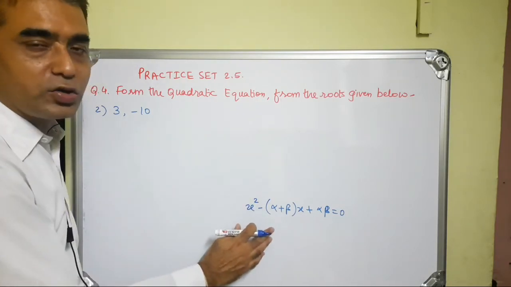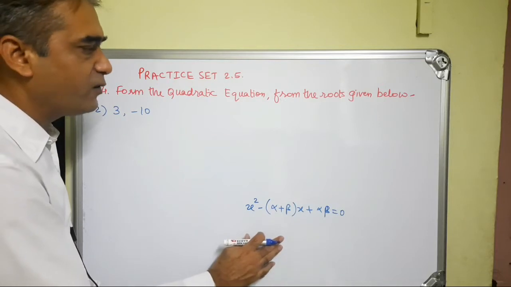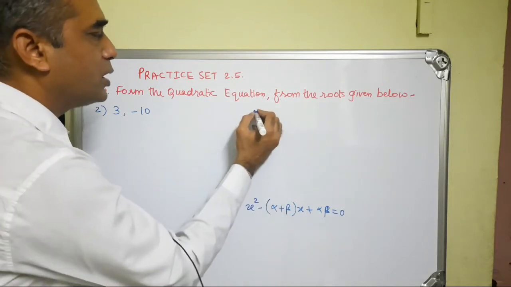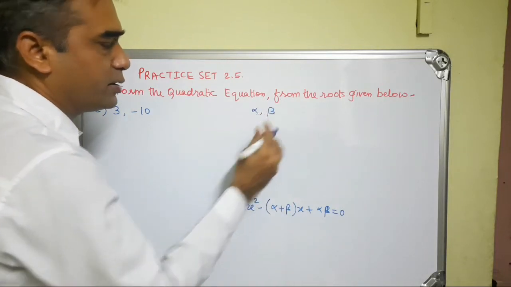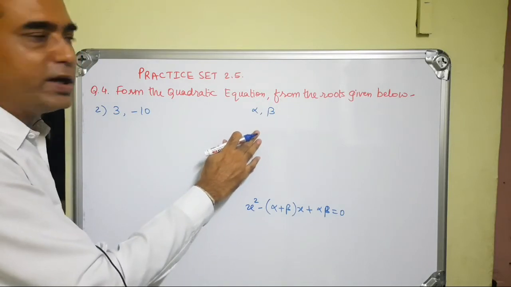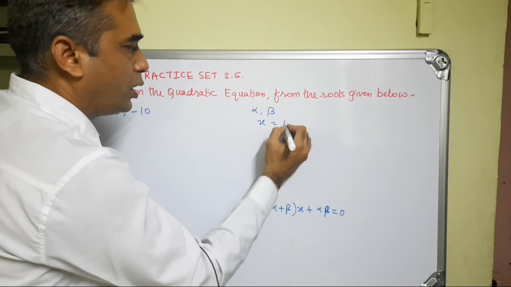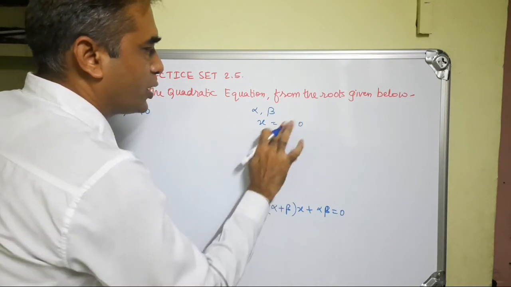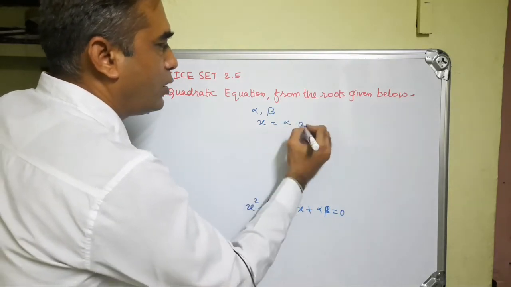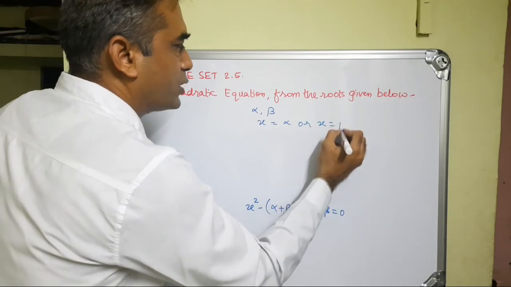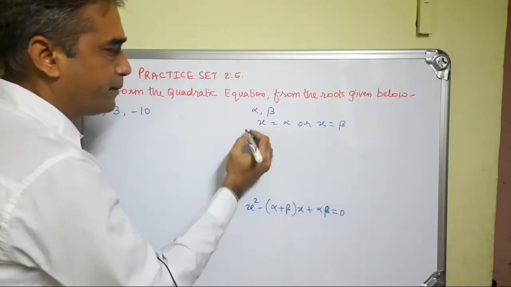Now this equation, this rule, how it was formed, let's see. Suppose alpha and beta are the two roots of the given equation, means x equals alpha or x equals beta. These are the two roots.